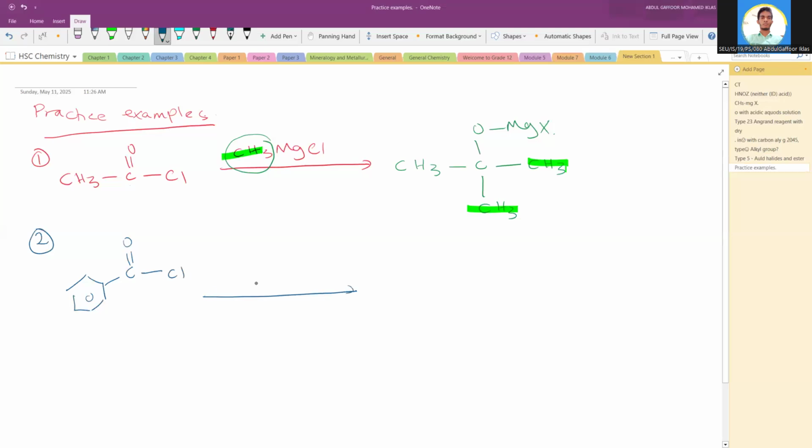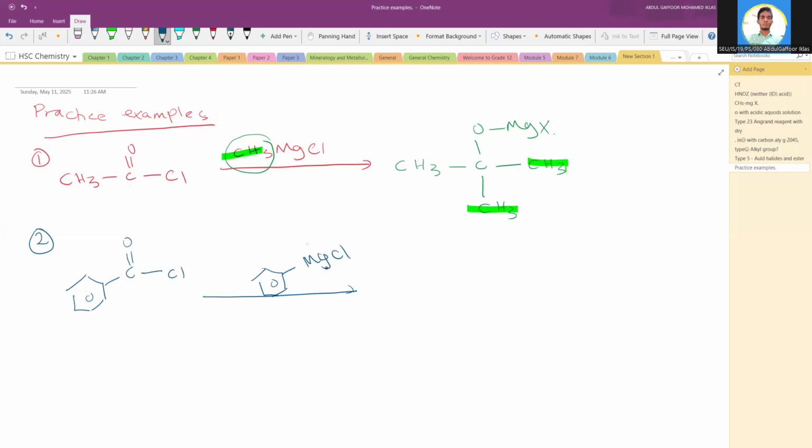And we put, let's say, benzene MgCl. Can you try to sketch the diagram of the yield? Okay, let me think first. Okay, right, so it'll just be this.